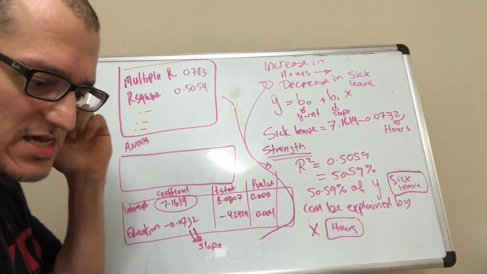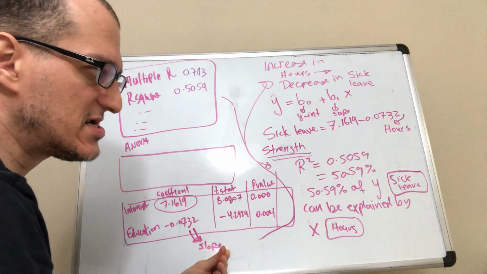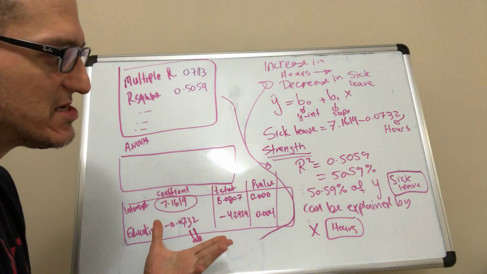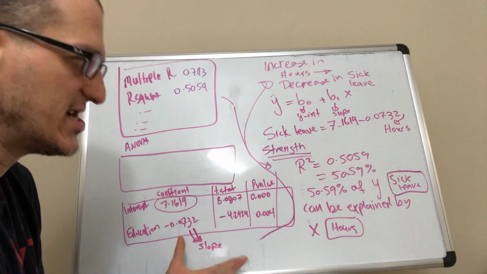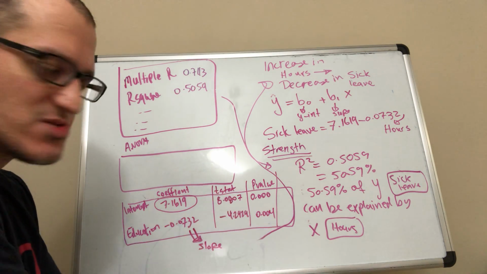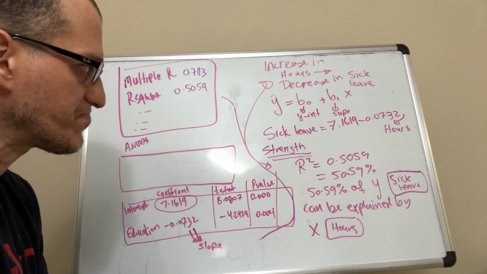So in statistics, anytime this is more than 50%, we say we're in the good spot. So you can explain more than 50% of the answer. So again, that's an indication that you have somehow a strong relationship between the two.